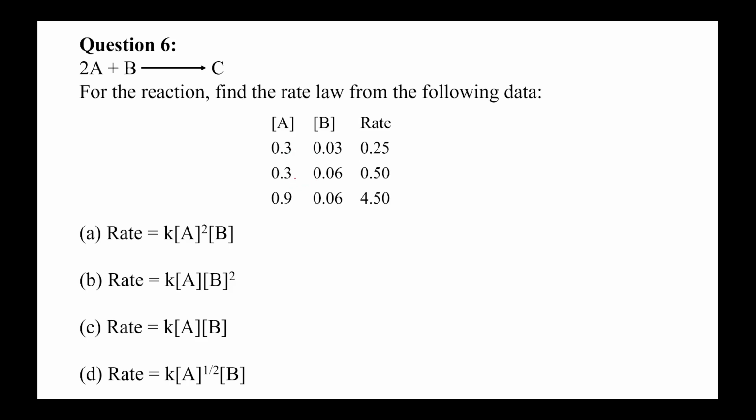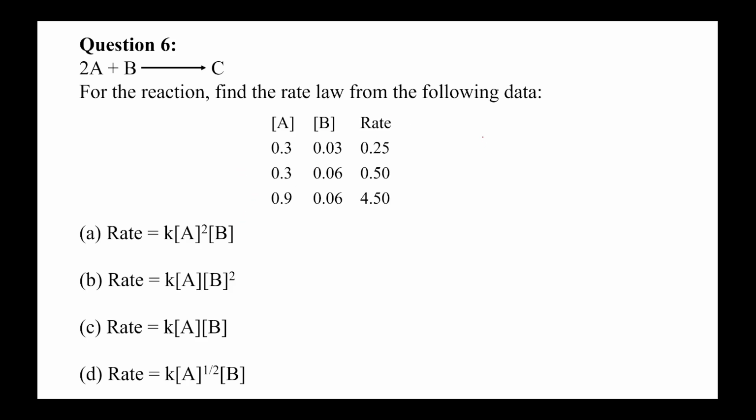When the concentration of A is 0.3 and B is 0.06, the rate was 0.5. And when the concentration of A was 0.9 and concentration of B is 0.06, the rate is 4.5. So we have three different sets of reaction rates given. From this, we have to find the rate law. So we have to find a generalized equation.